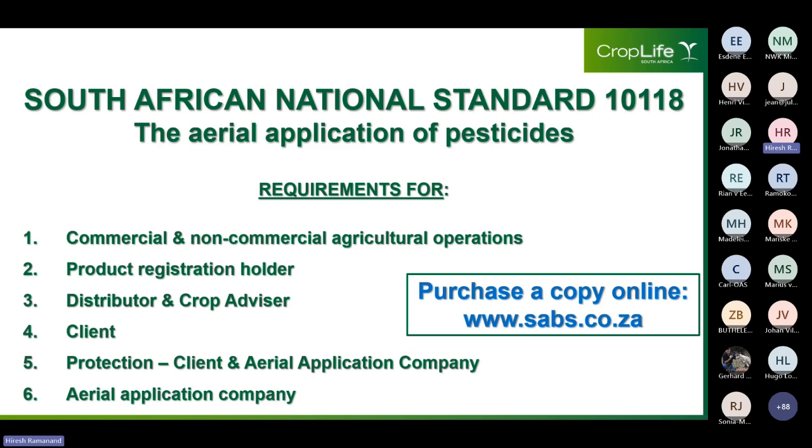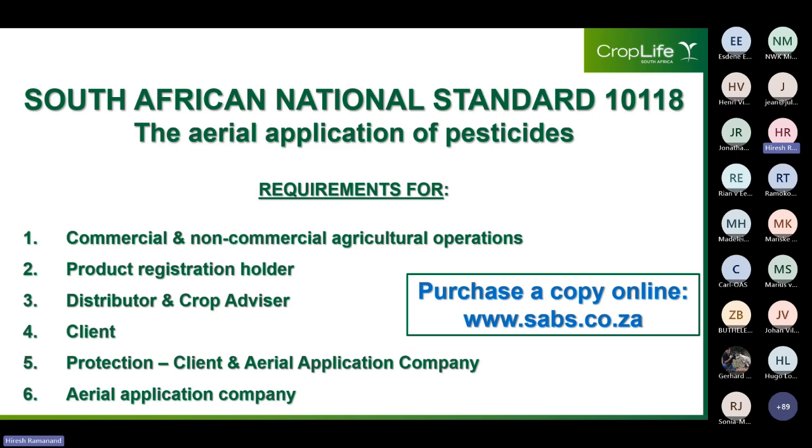The latest 2023 edition of SANS 10118 can be purchased online via www.sabs.co.za. And I encourage everyone involved in the aerial application of crop protection products to have a copy.